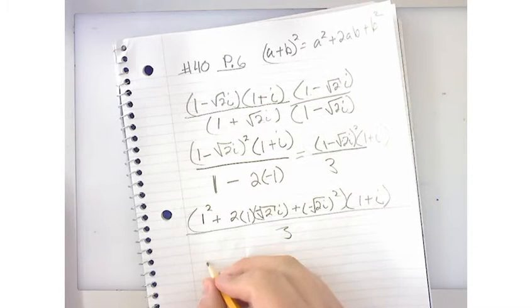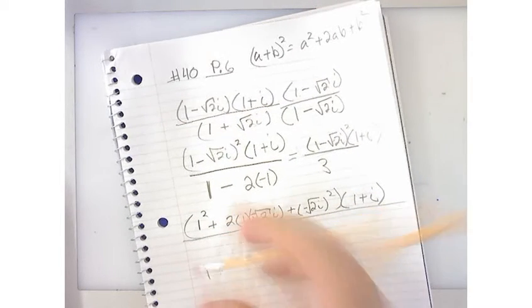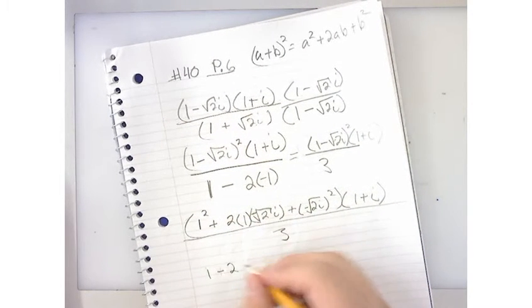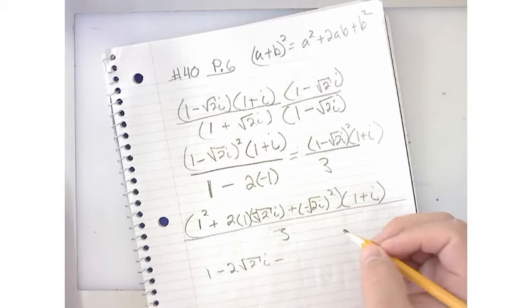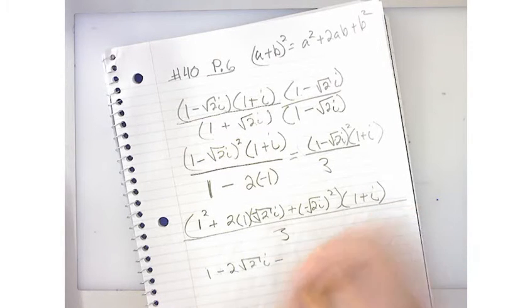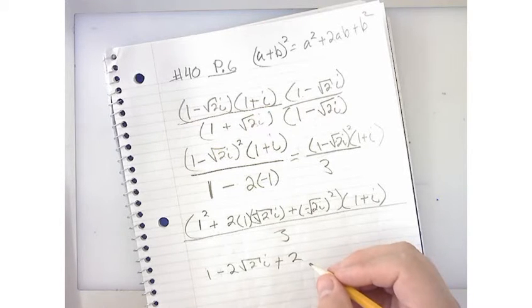But I'm going to end up with 1 plus, actually minus, 2 times the square root of 2i. And then over here this becomes positive 2i squared. So I think that's positive 2. Let me just double check my notes. Yep. I think so.